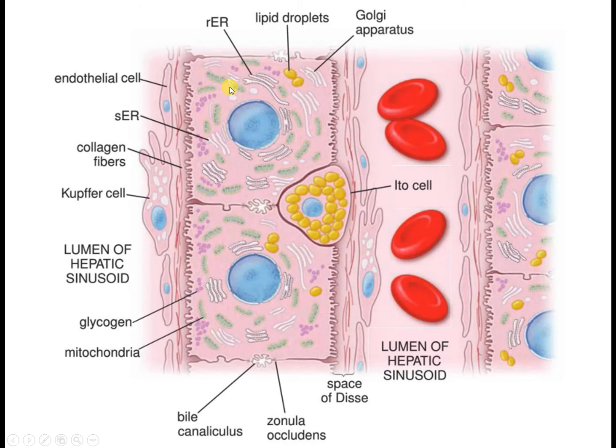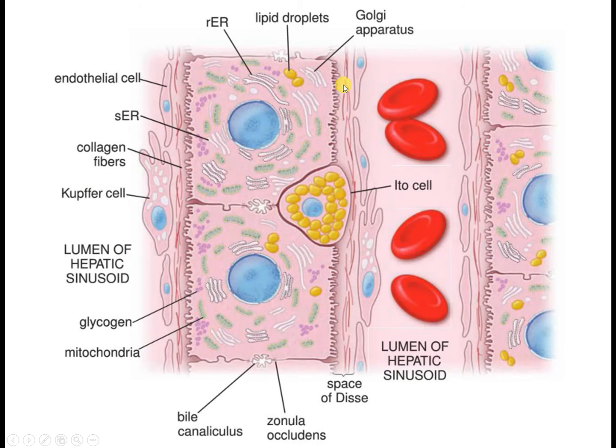And from the space of Disse, these nutrients are absorbed by hepatocytes, and these hepatocytes even have microvilli on the surface to absorb more products. Glucose is absorbed here, fats are absorbed here, amino acids are absorbed here. They collect in the cytoplasm of the hepatocyte and provide its function.